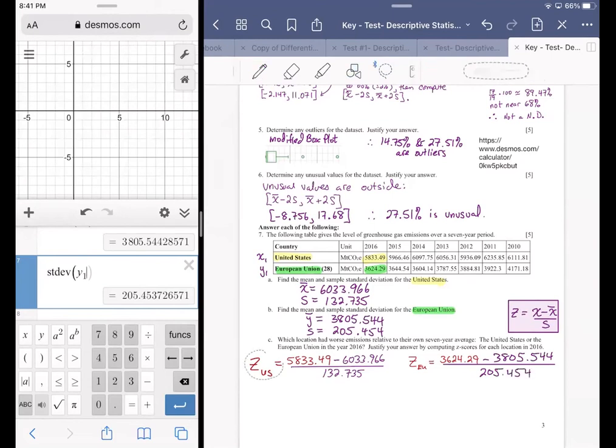And so we can get our two z-scores, and we would just compare the two and see which one constitutes a better number. All right, so we got to crunch these numbers.